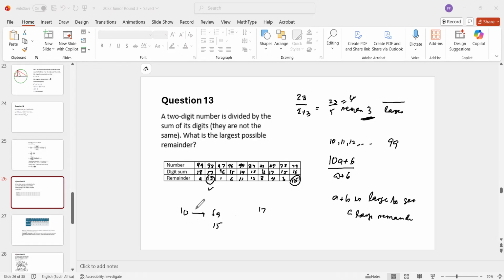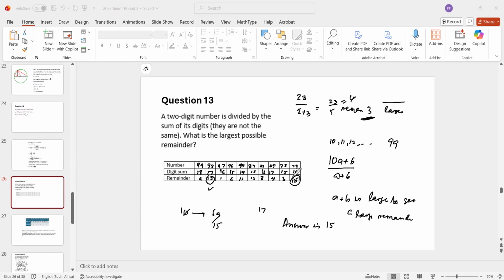So there's no point in trying any of the previous ones, and you can stop right here because you're not going to get a remainder larger than 15. Okay, so the answer to the question: the largest possible remainder occurs at 79.